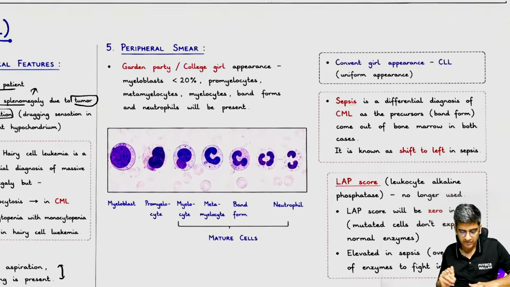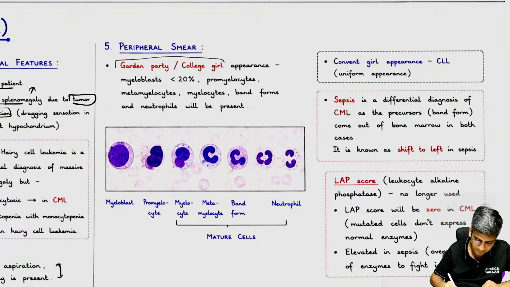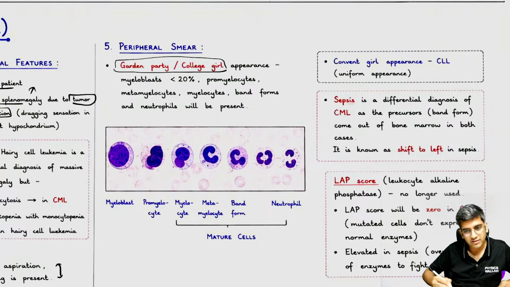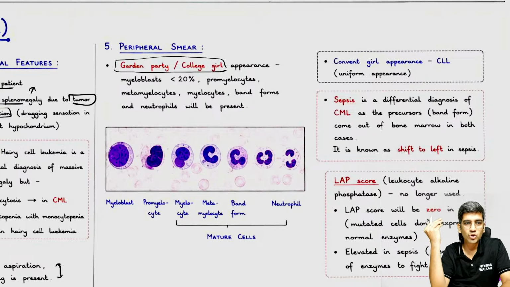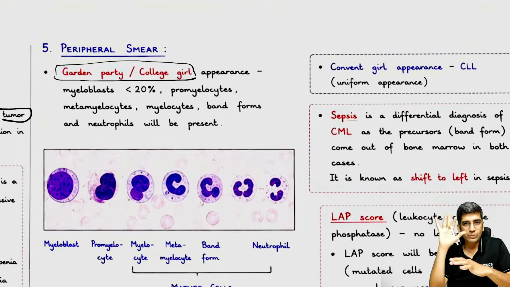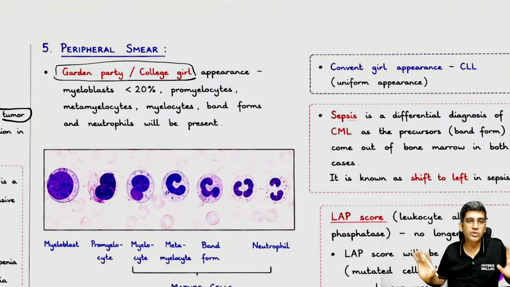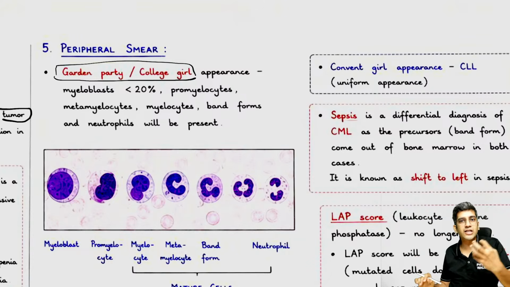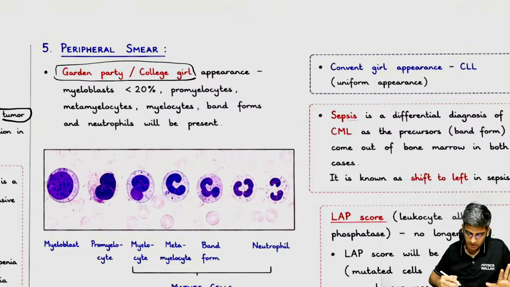So what do I see in the peripheral smear? This I want to avoid, but in your viva, they might ask you: you'll have the classical garden party appearance or college girl appearance. Both mean only one thing: all the cells will not be uniform. Like a party, every cell will have a different size and shape. I can have a promyelocyte, a myelocyte, a metamyelocyte, band forms, neutrophils.